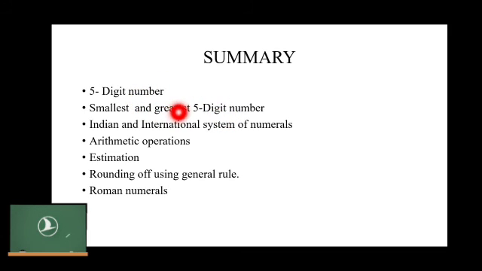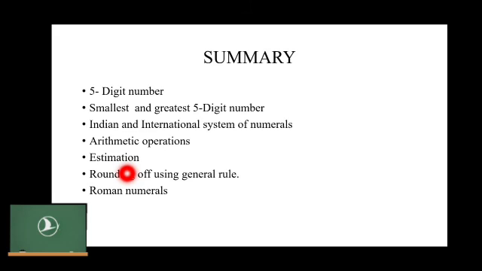Based on the concepts that you have learnt in the previous session, we have done the arithmetic operations like addition, subtraction, multiplication and division. And also we have learnt about estimation among the numbers, like rounding off to the nearest tens, hundreds or thousands place.